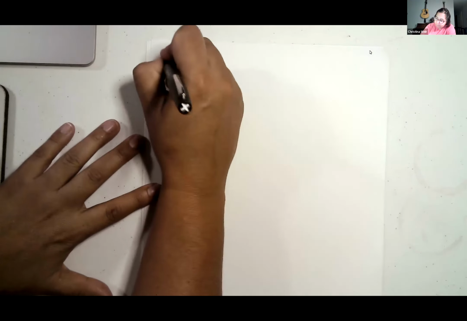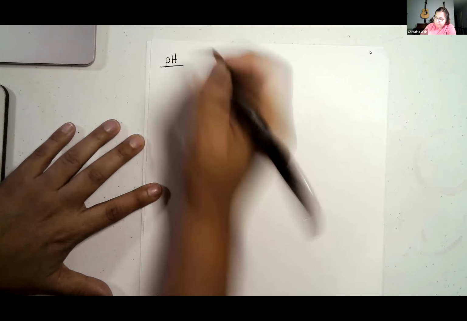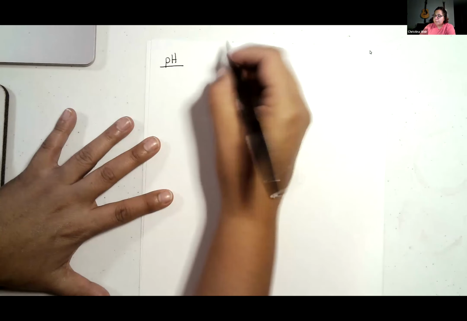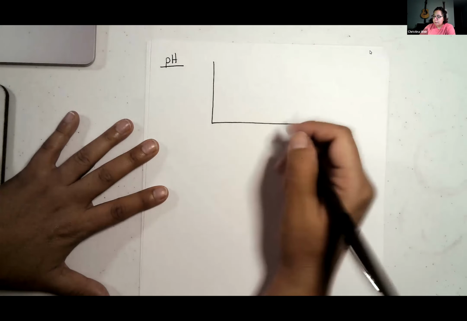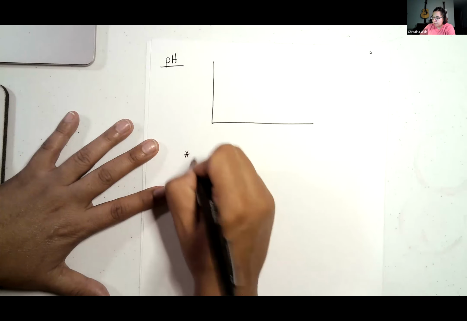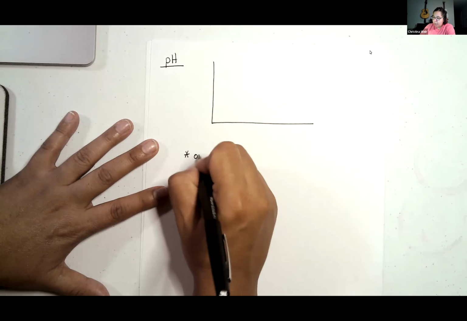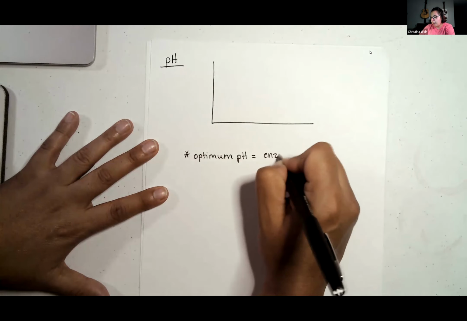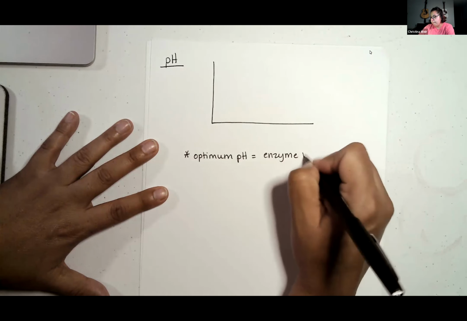So let's talk about pH. Enzymes are much more sensitive to pH than they are to temperature. There is an optimum pH for every enzyme, and that's, of course, where the enzyme has the highest turnover.